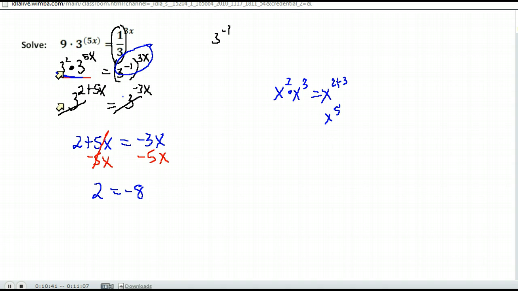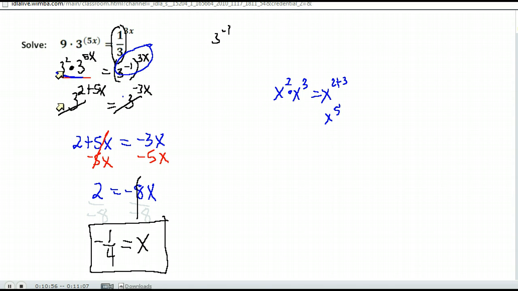And I get 2 equals negative 8x. And then I divide both sides by negative 8. And I get x equals negative 1/4. And there is our answer. So there are some examples of solving exponential equations when it's possible to write them as powers of the same number.